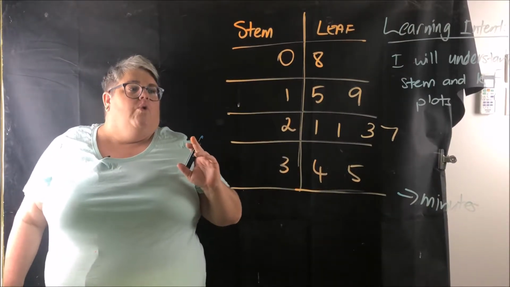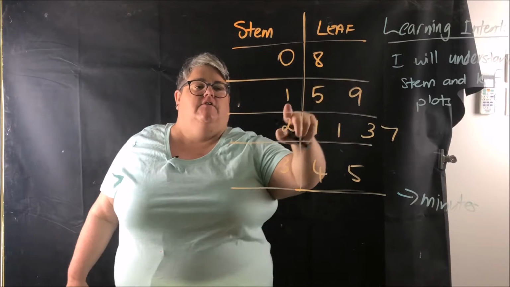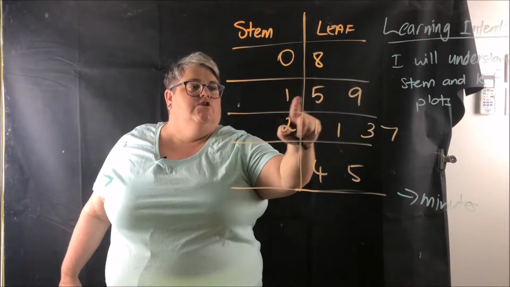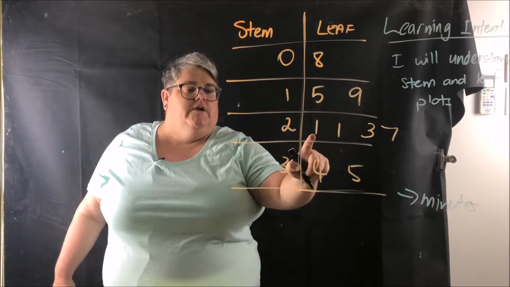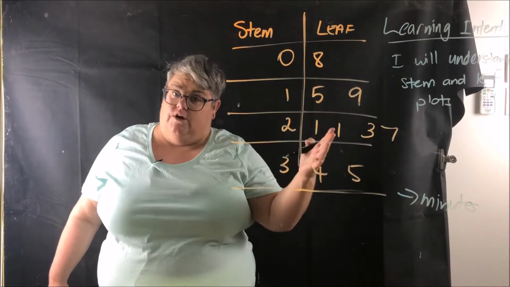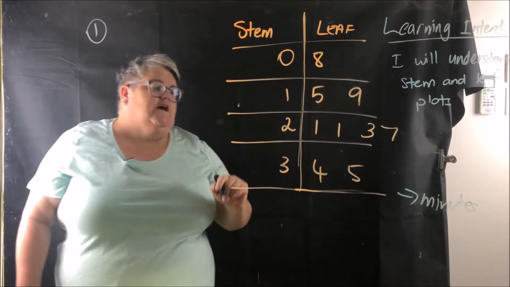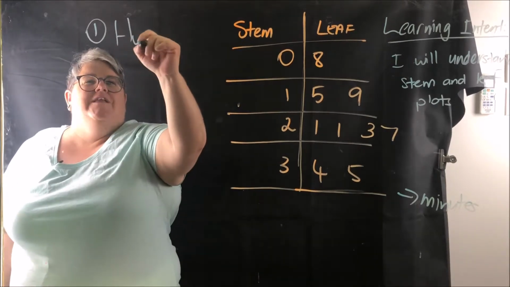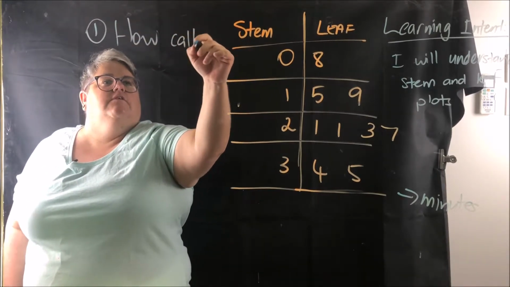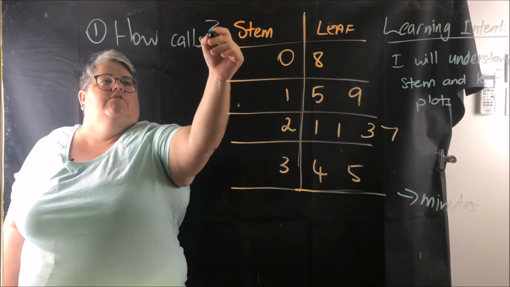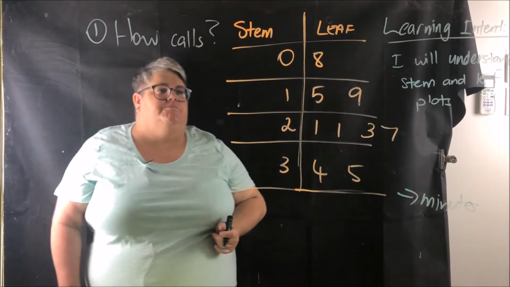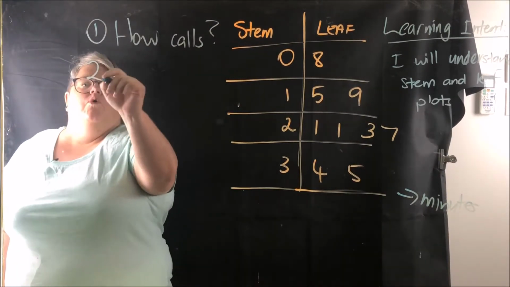So for example, this would be 8 minutes, 15 minutes, 19 minutes, 21, 34, and so on. So I would like you to establish how many calls took place. How many phone calls to produce that data?